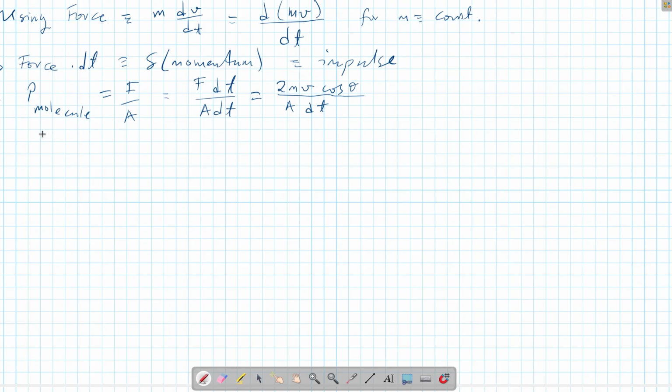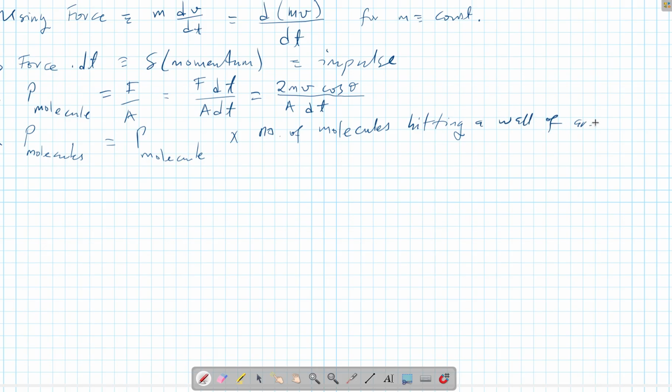So this is the pressure due to one molecule, and for many molecules the pressure is going to be equal to P molecule times what we have computed earlier, point E, the number of molecules hitting a wall of area A, right?